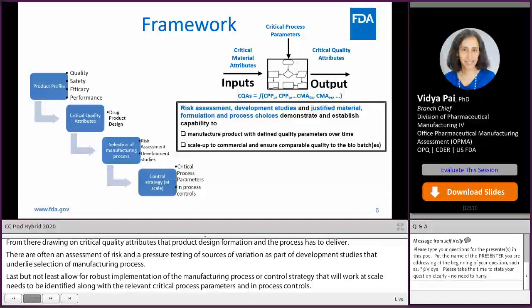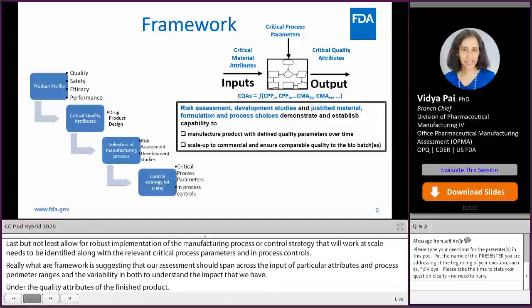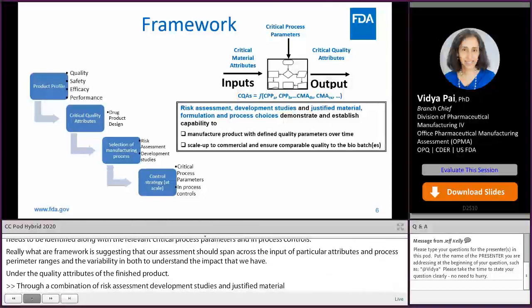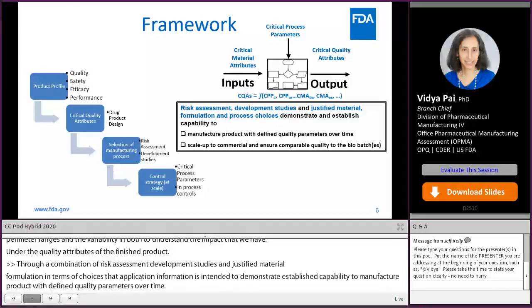So through a combination of risk assessment, development studies, and justified material formulation and process choices, the application information is intended to demonstrate and establish capability to manufacture a product with defined quality parameters over time, and provide assurance that scale up to the commercial scale is achievable and will deliver comparable quality as the clinical batches or the bio batches.